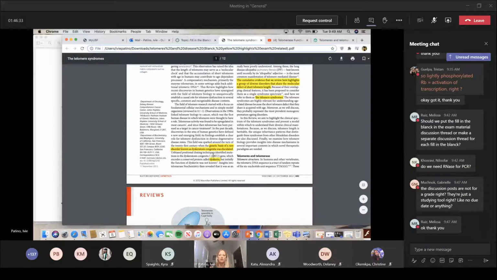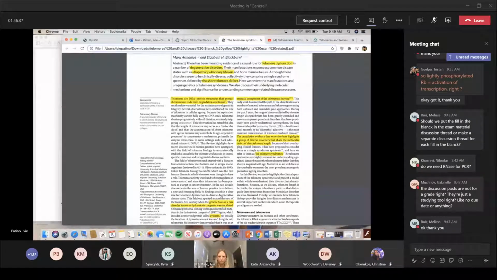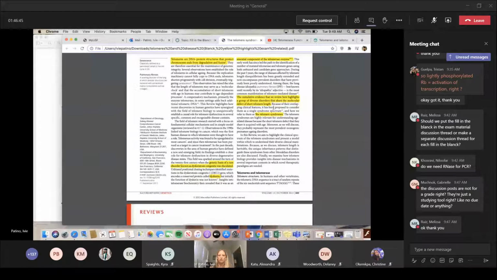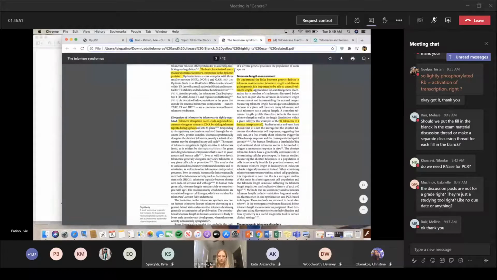And they found out that discarin is an essential component of the telomerase enzyme. So there's a group of disorders that they term the telomere syndromes. So here we go, we're talking about the discarin. It's the best characterized mammalian telomerase accessory component.